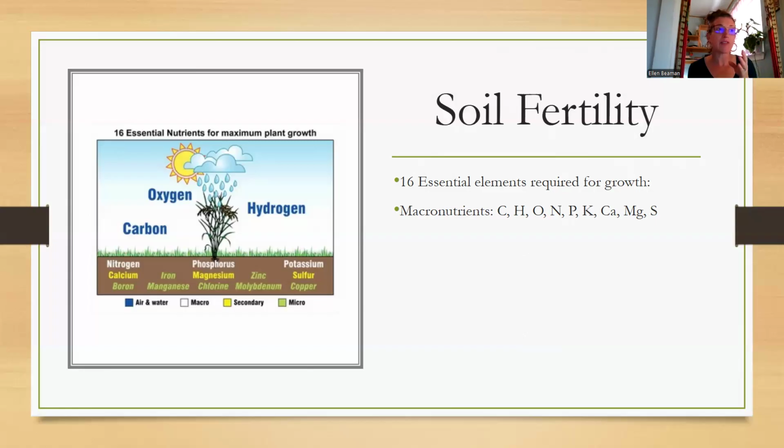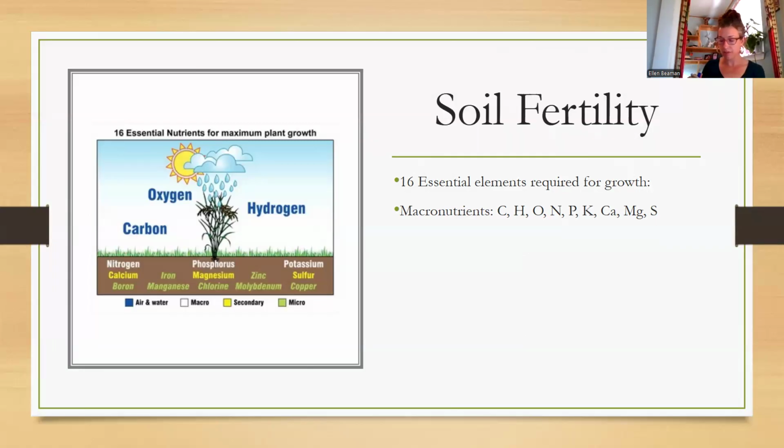The next three we have are N, P, and K: nitrogen, phosphorus, and potassium. Those are going to be the big three that you look for in your fertilizers. So when you look at a container of fertilizer, you're going to see three numbers with dots between them. Here's where I like to get my board out.